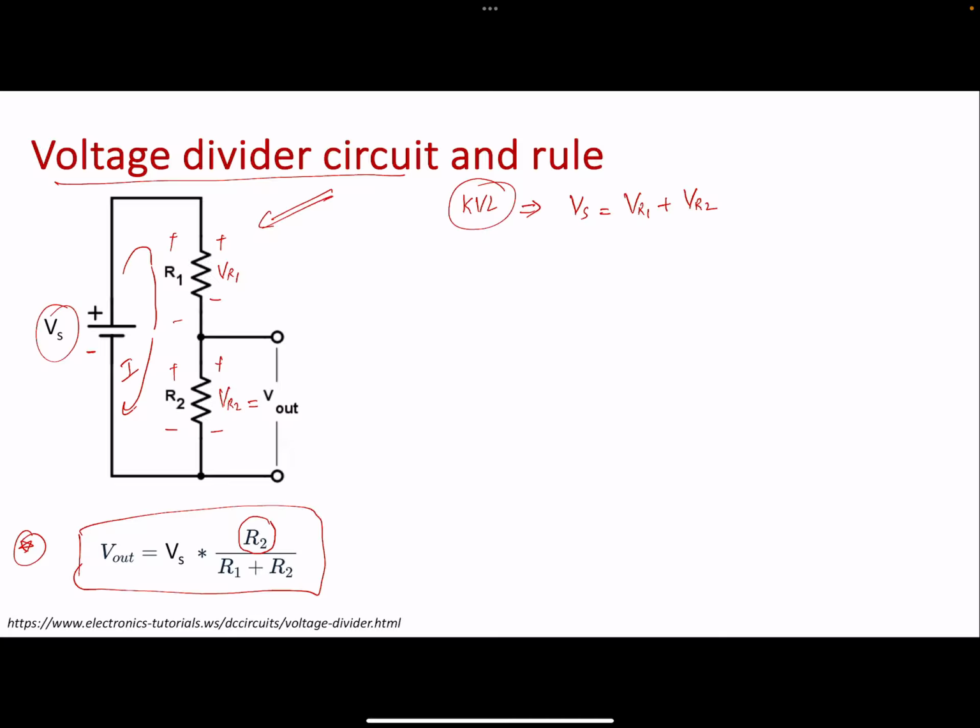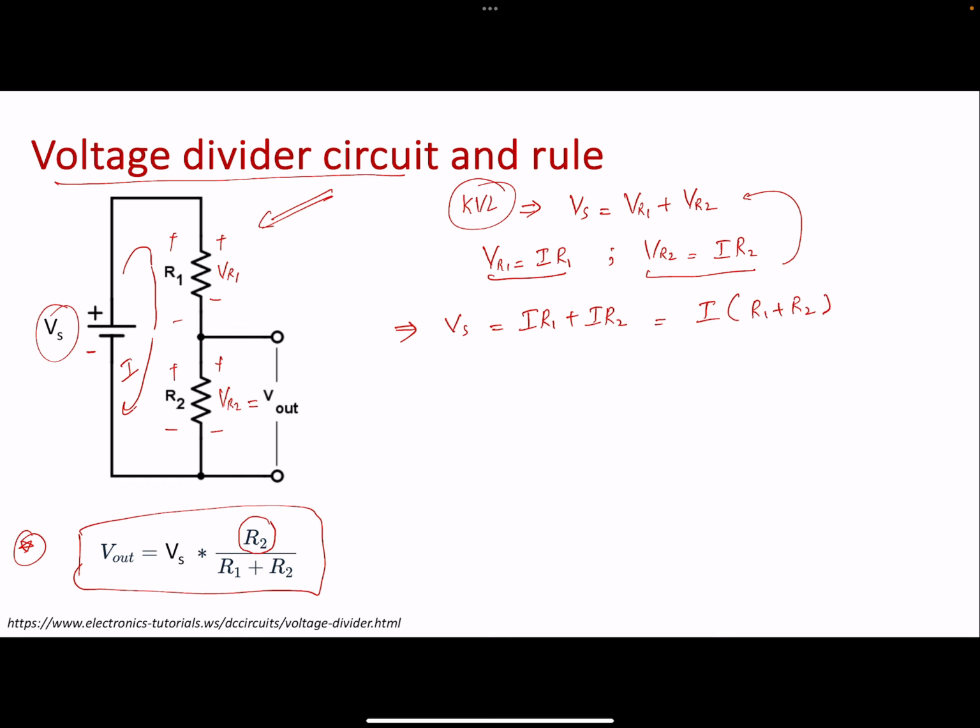And then according to Ohm's law, we know that VR1 should be equal to I times R1, and similarly VR2 should be equal to I times R2, right? So I'm going to replace both of these back here, where my supply voltage is going to come out to be IR1 plus IR2, taking I common, I times (R1 plus R2).